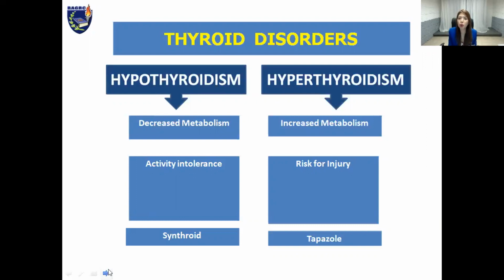If we take a look at the other presentation, hyperthyroidism, there would be increased metabolism. In the client with hyperthyroidism, we only have to take note of hypermetabolism, which can lead to an increase in vital signs, and weight loss because of diarrhea. The client may present insomnia. The increase in vital signs can lead to seizure.